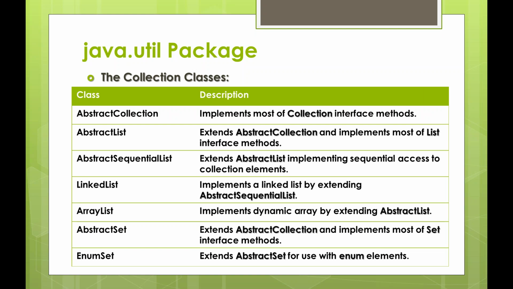As we have the Collection interface at the root of the interface hierarchy, we have AbstractCollection at the root of the class hierarchy. That means collection classes are a set of classes, some of which are abstract classes and some of which are concrete classes that directly extend the abstract class.